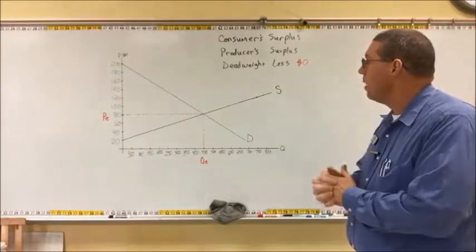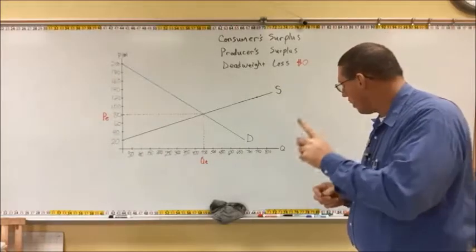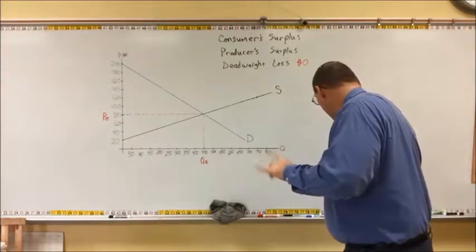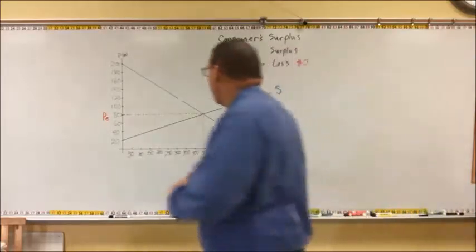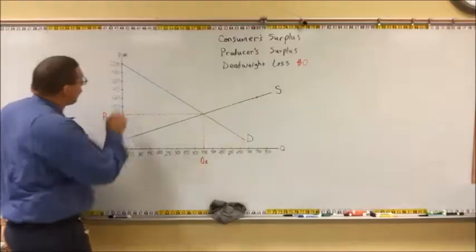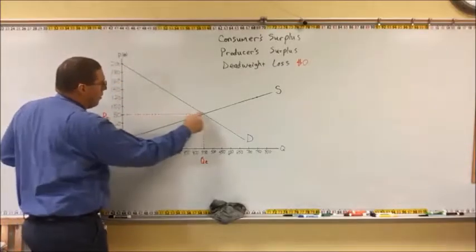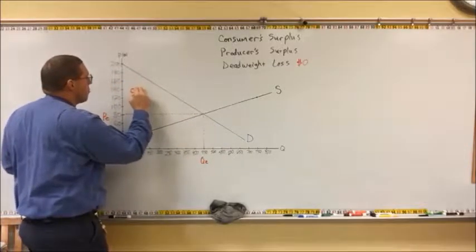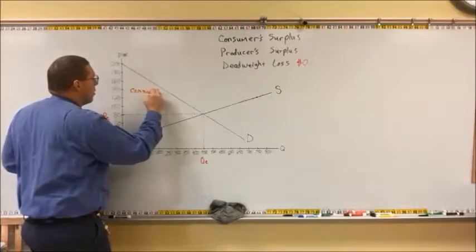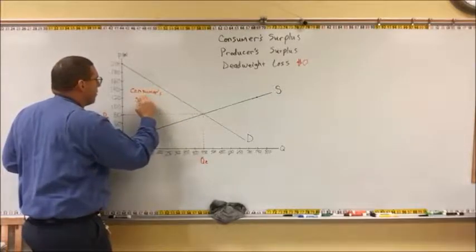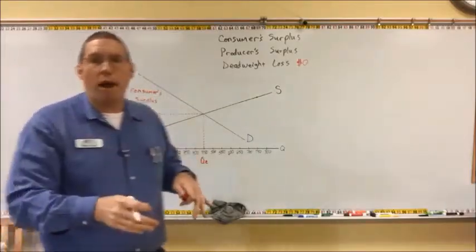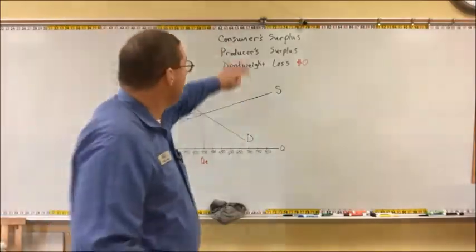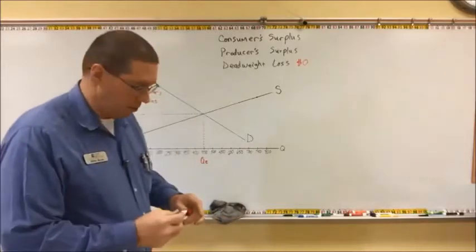So here's what I need you to understand. We're calculating consumer surplus and producer surplus, and this triangle right here, that is consumer surplus. The area of that triangle is the value of consumer surplus.